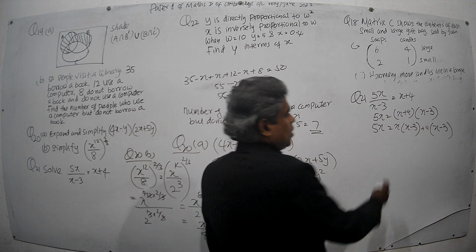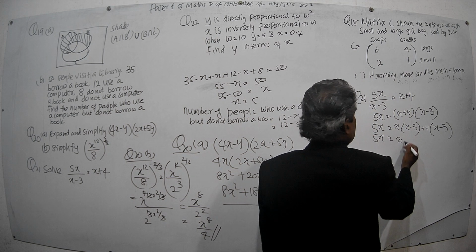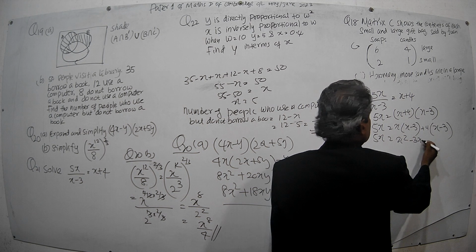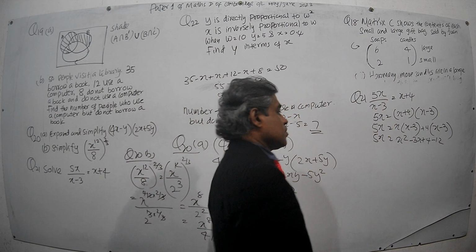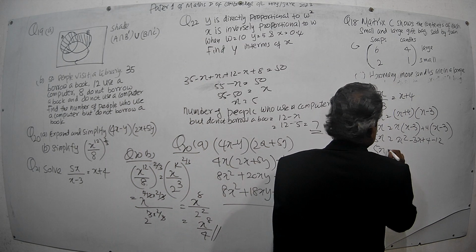Now you multiply and remove brackets. X times x is x squared. X times minus 3 is minus 3x, then 4 times x is 4x, 4 times minus 3 is minus 12. Okay. Now you take this, then you get here 5x equals x squared.